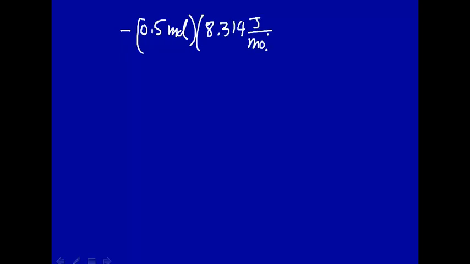So going down here, and don't forget the minus sign, we have 0.5 mole times 8.314 joule per mole Kelvin times the natural log of 1 bar divided by 1 atmosphere. It'd be nice if we had the same units here so we can cancel that out.